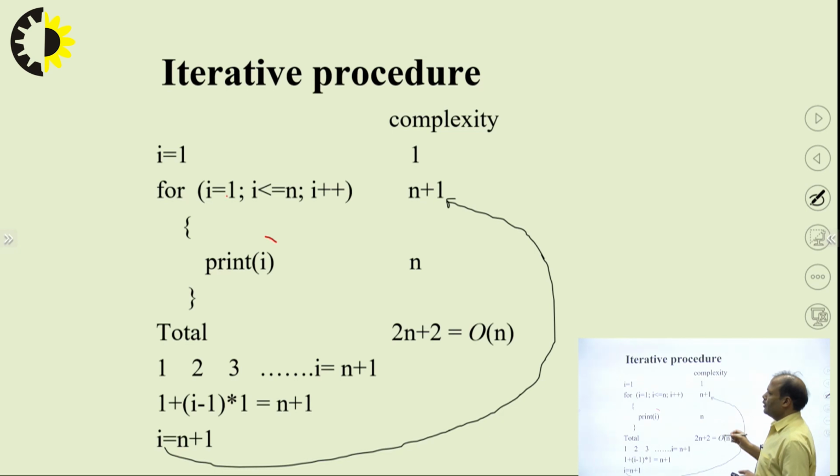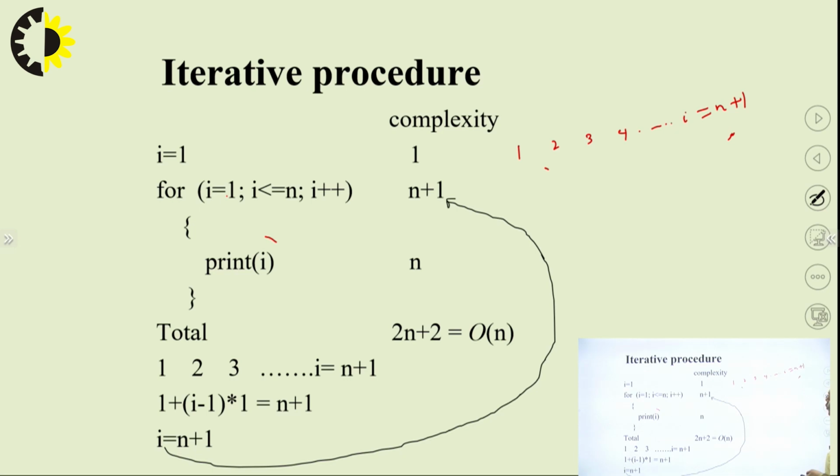If we look at the time complexity of the assignment statement, we know that its time complexity is 1. Since this is a loop, the loop counter variable forms an arithmetic progression: 1, then 2, then 3, 4, and so on up to i, and the loop fails when i equals n plus 1.